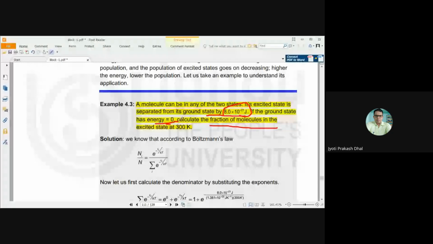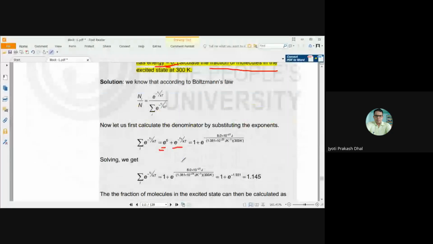Putting the energy 0 here, we write e to the power 0, plus, and in the first excited state the energy is 8 into 10 to the power minus 21 joule.